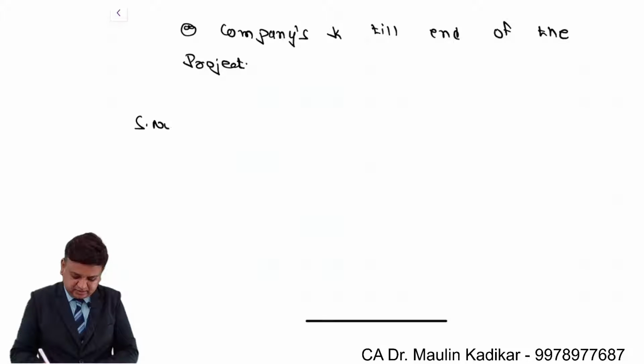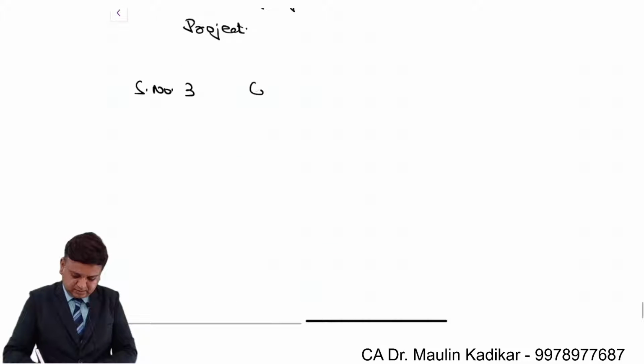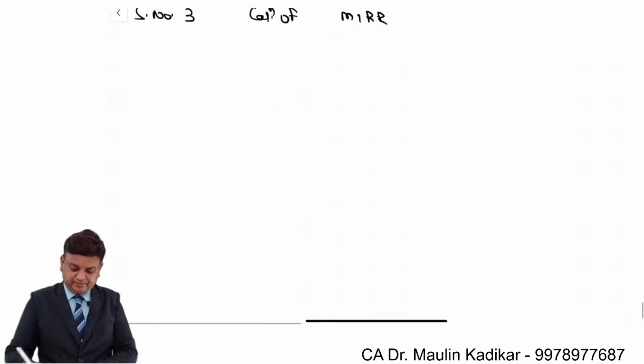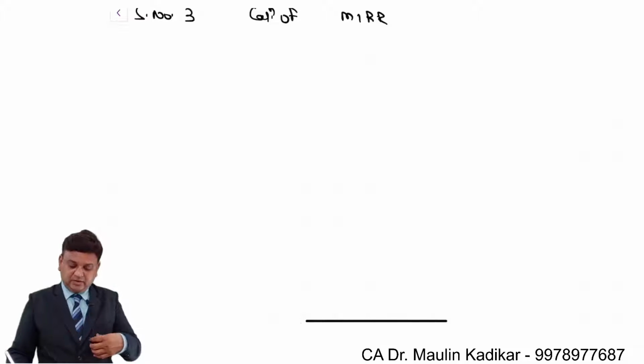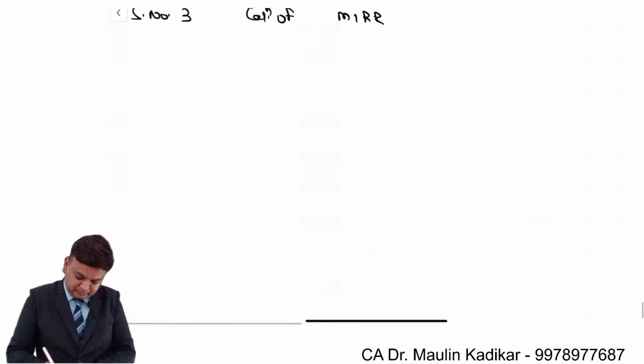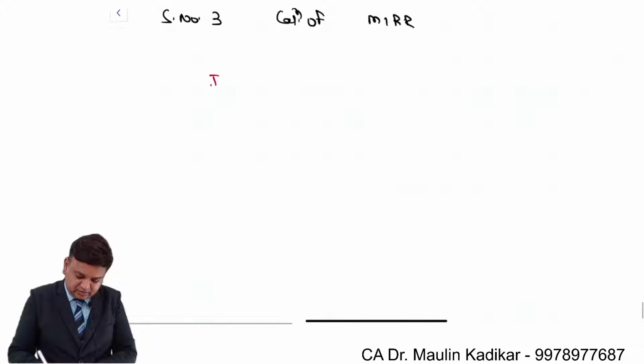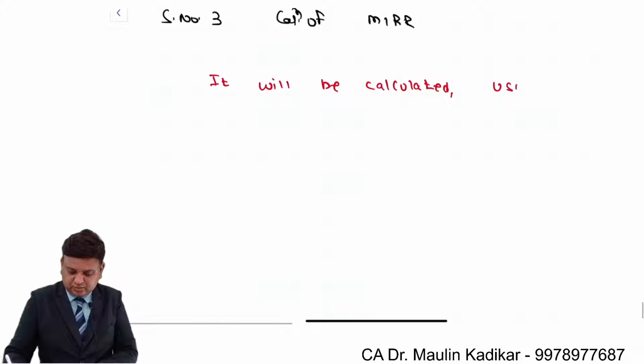Step number 3, calculation of modified internal rate of return. In that write down, it will be calculated, comma, using the following formula.